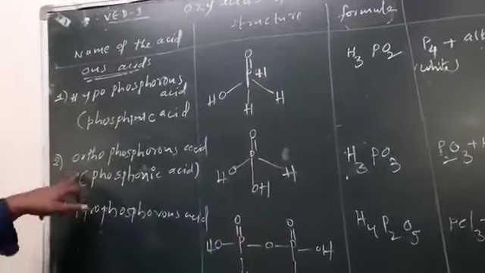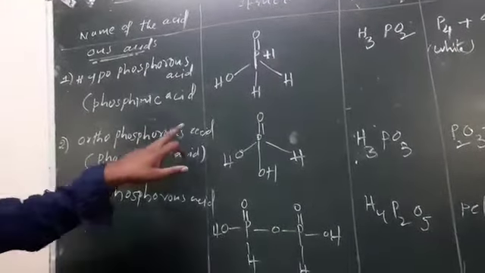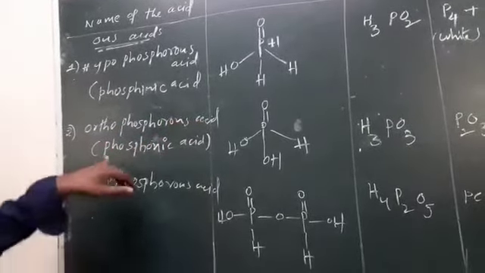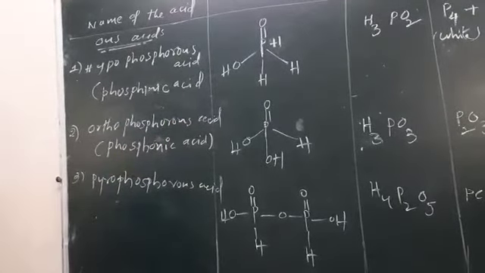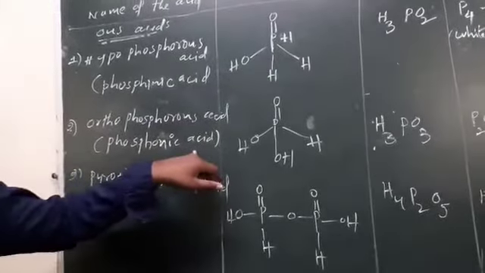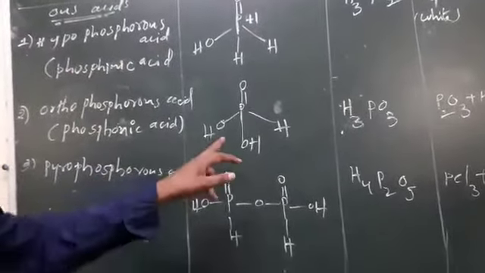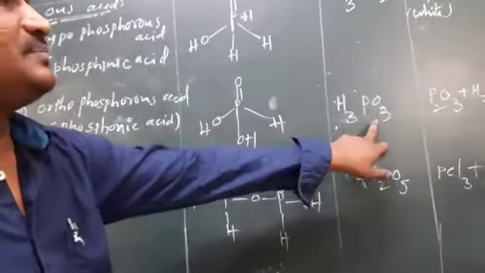The second one is orthophosphorus acid, also called phosphonic acid. Its formula is H3PO3.